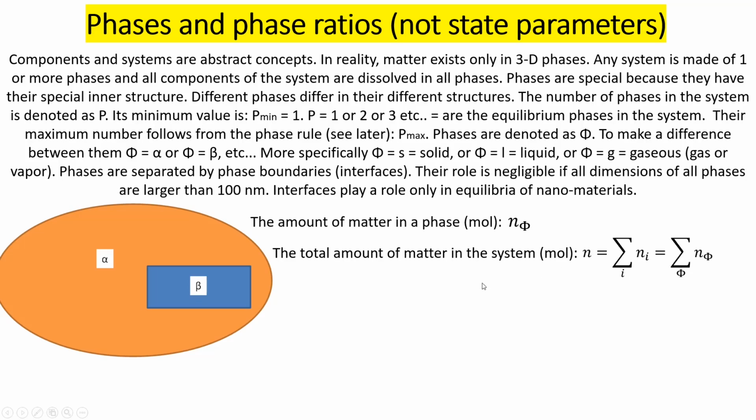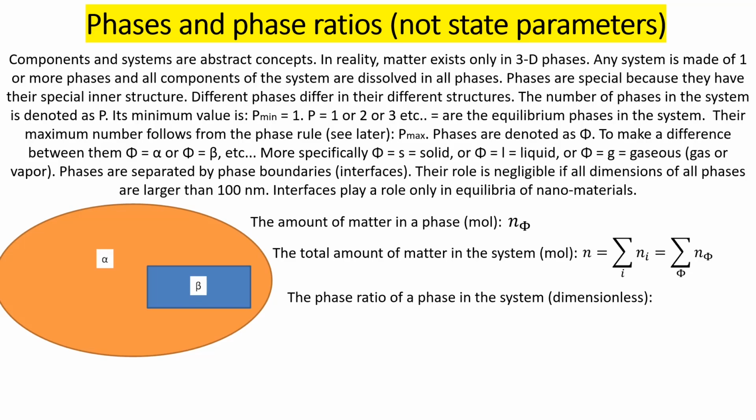You must obtain the same result if you don't make a mistake. And now we can define the so-called phase ratio, meaning what is the ratio of phase beta in the system or phase alpha in the system. But before I do that, let me give you a very simple example to show how important that is from the point of view of the functional properties of that system.